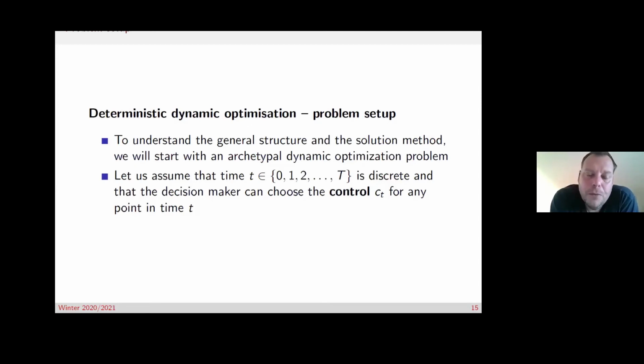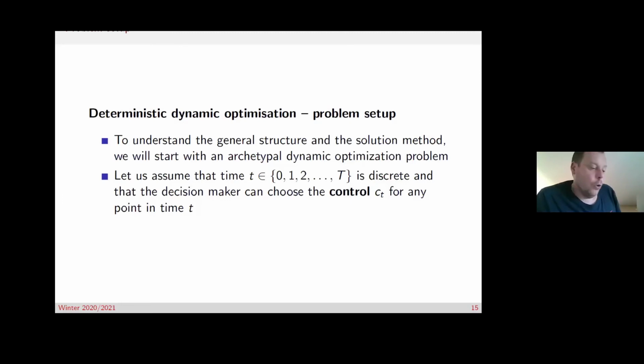Apart from that, those are things that most of you are well aware of, and they're readily applicable, and it's not too difficult to derive the optimal solution using those methods.